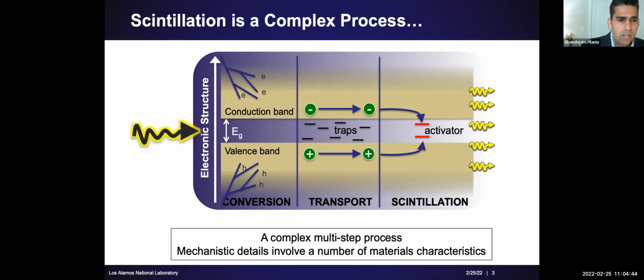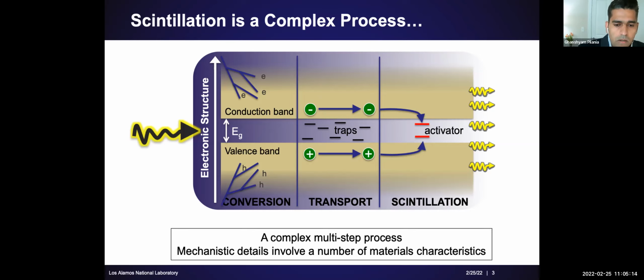Activators are typically lanthanide ions, which are doped in very small concentrations in the host material, and these create 4f and 5d levels in the band gap, and these levels act as a localization site for these charge carriers. So the charge carriers come and recombine radiatively, giving out light, which can be collected in a photomultiplier tube and sent to a detector and so on.